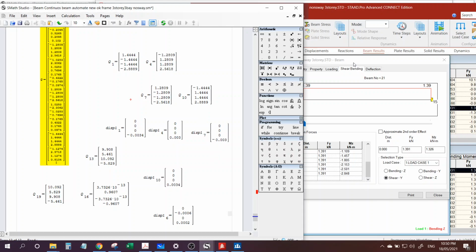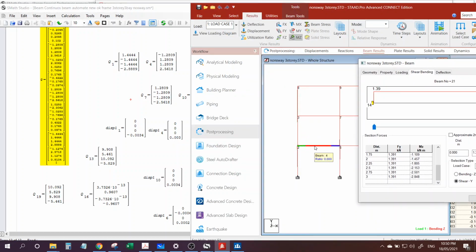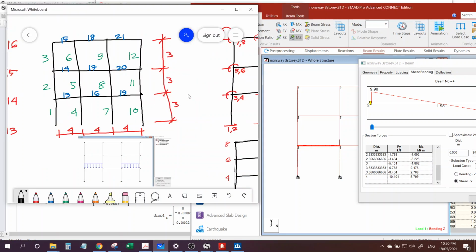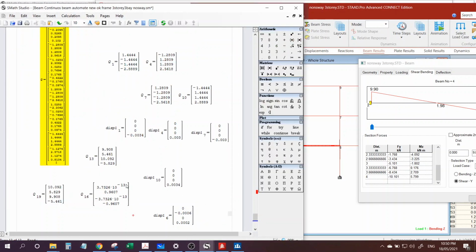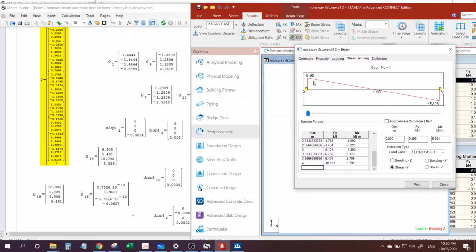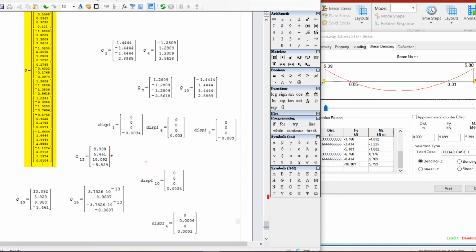Let's check on the loaded beam here. This is member what? According to our code, member 13. So I'm getting Q13, which is this one. My shear is 9.9 and 10.10. So very close, 9.9, 10.10 here. For the bending, it's 5.4 and 5.8, which is very close, right? 5.4, 5.8.